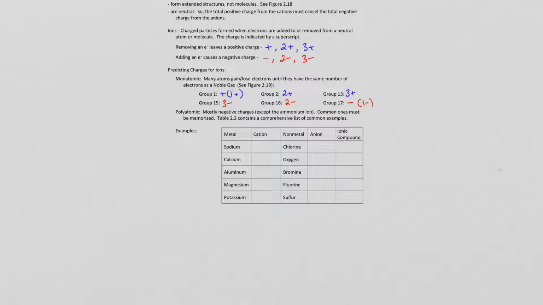When we talk about ionic compounds and we're naming them, we always name the cation first, anion second. For the cation, you just say the name of the metal. The anion depends. Situation 1: you could just have an element with a negative charge.